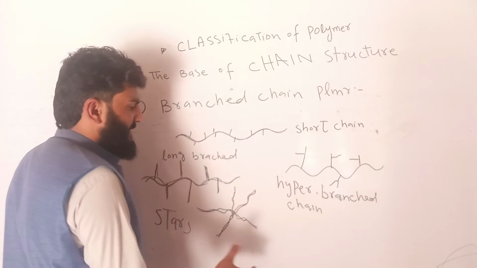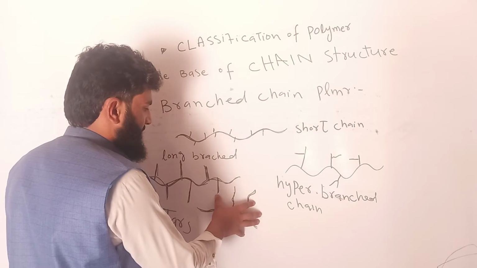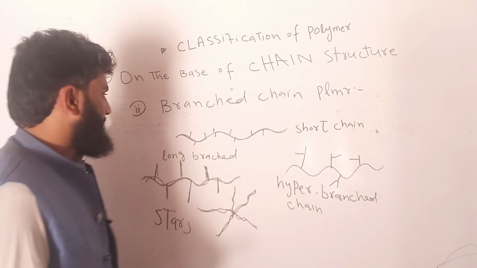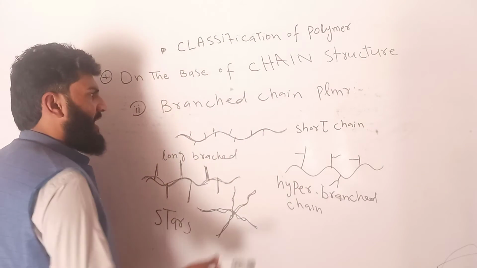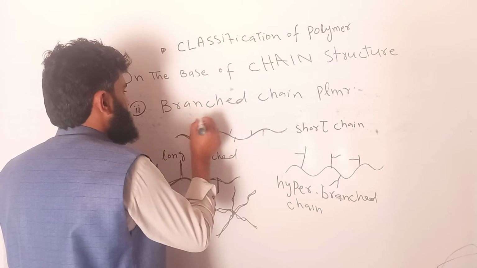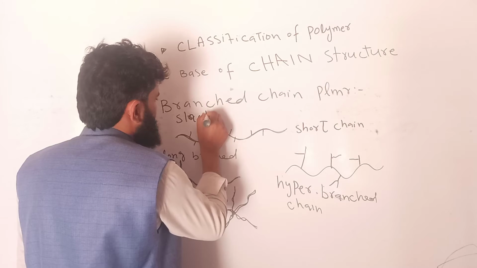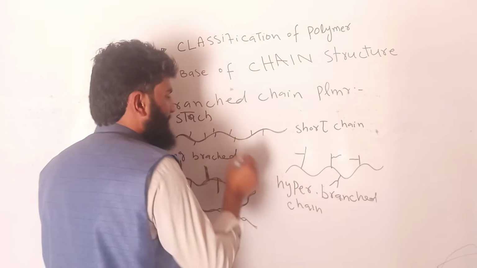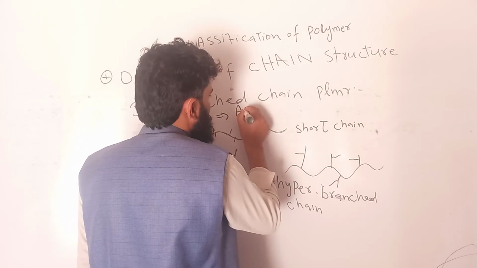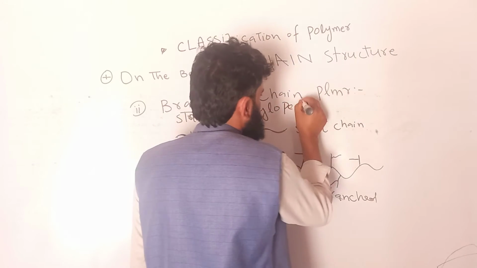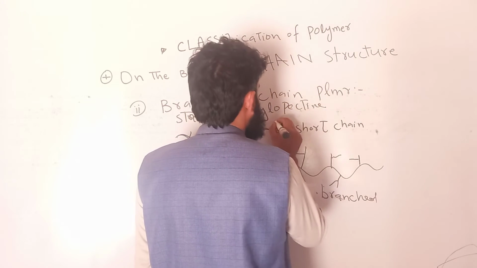So polymer chains can be arranged in these ways. Clear? So for example, the example of branched polymer is starch, or amylopectin, and glycogen.